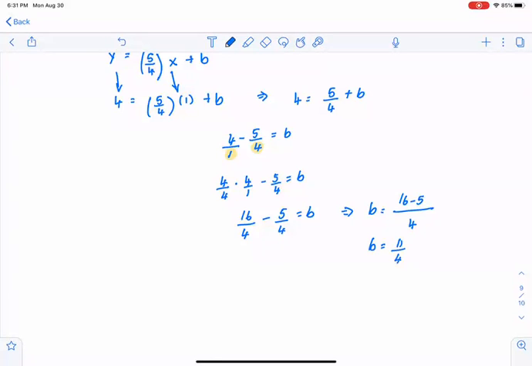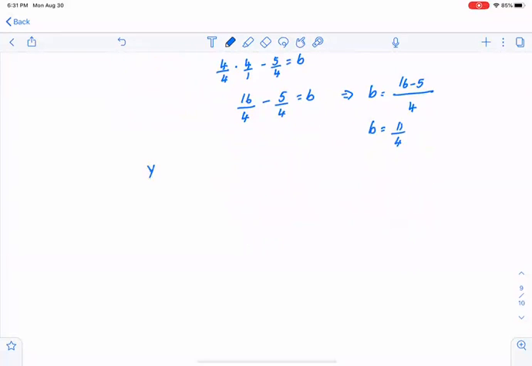So we have the y-intercept, we have the slope, so y would be equal to 5 over 4 x plus 11 over 4. And I could rewrite this as 5x over 4 plus 11 over 4, multiplying 5 with x. And you can see there is a common denominator. So I could put 4 in the bottom and combine the numerators.